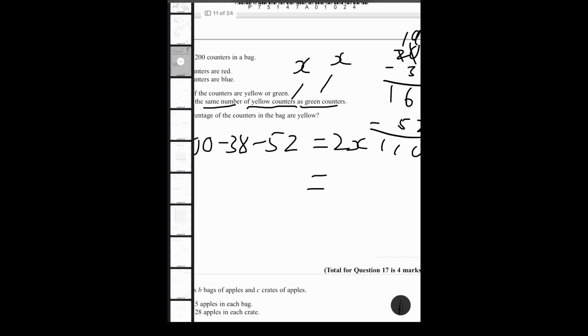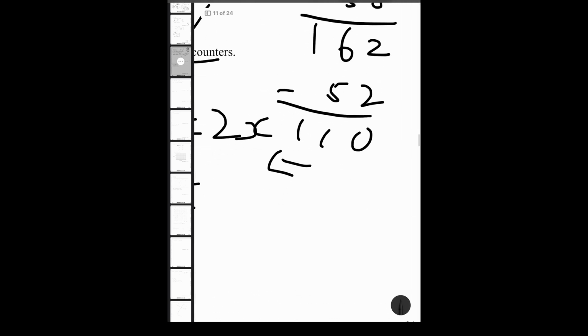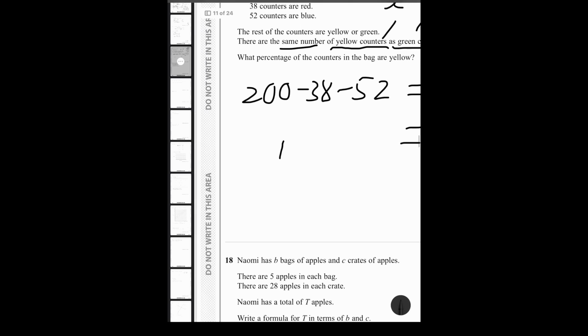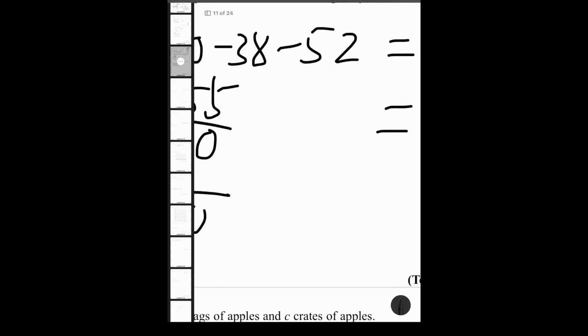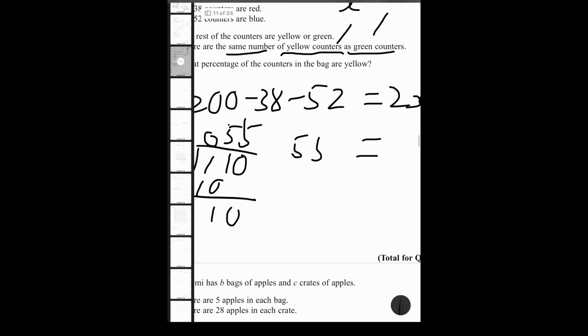So 110 is actually 2x, so we need to divide 110 by 2. Do your short division if you want to. I don't, so this is actually 11, so 5, 10 goes into this, 5 again, so it's 55, right? So 55 are yellow.